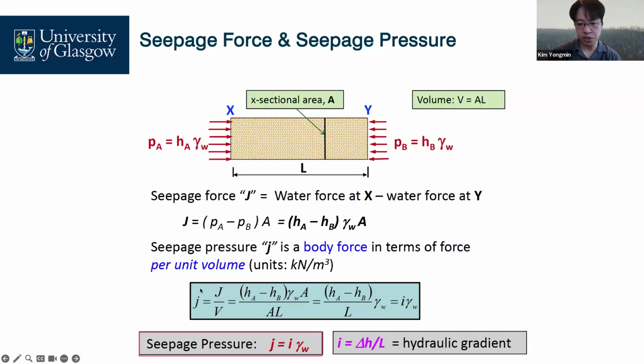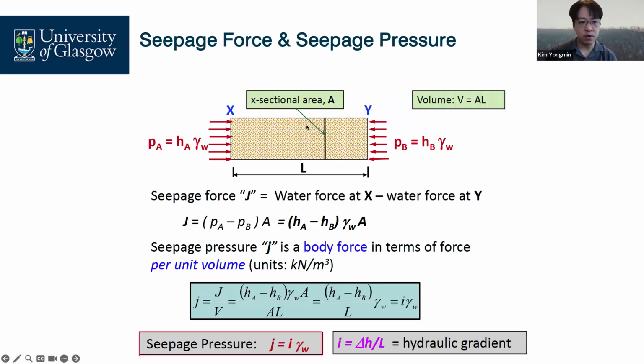So the seepage pressure, small j, where capital J is the seepage force and small j is the pressure, can be expressed by hydraulic gradient and unit weight of water. I is our total head loss per water travel length, times water unit weight, which gives the seepage force.